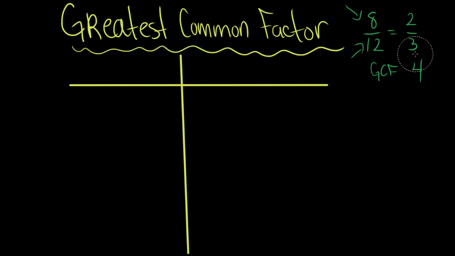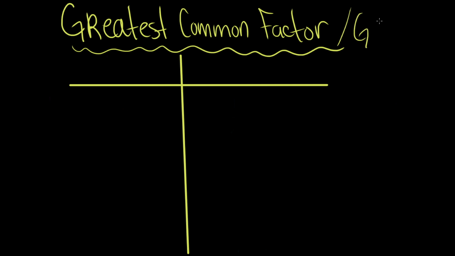Now, you might not know why that is, so let me show you how we get the greatest common factor, otherwise known as the GCF. So let's say we had two numbers. On the left-hand side, we're going to have the number 12.